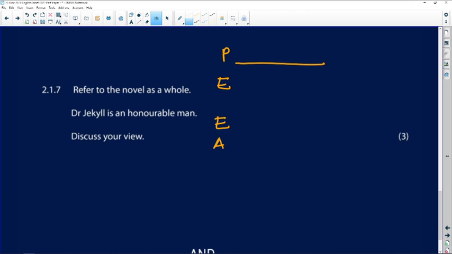You need to say he is honorable because, or he's not honorable because. Then you need to give me the evidence that you say he is honorable or he isn't honorable. And then you need to discuss that evidence. How does the evidence show that he is or he isn't honorable? So it's really important. Discuss your view.